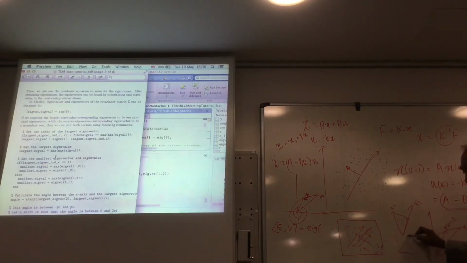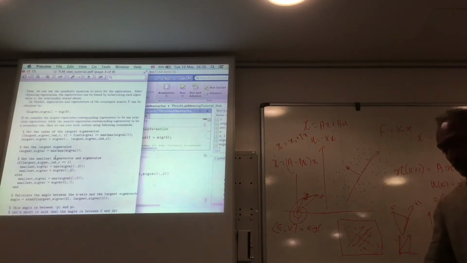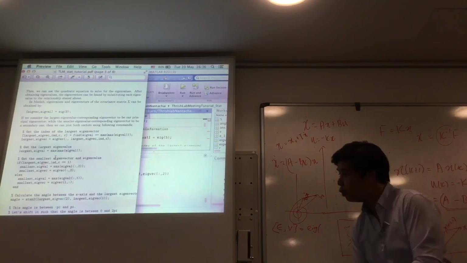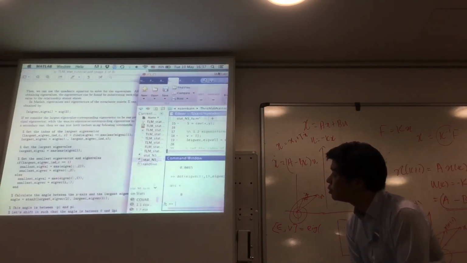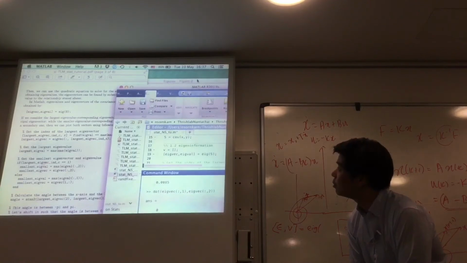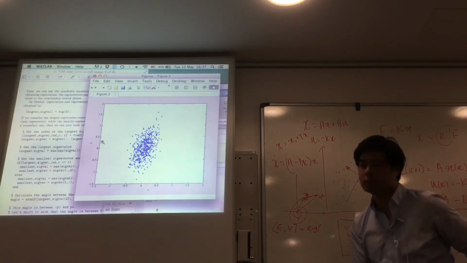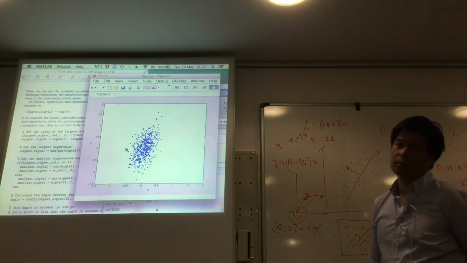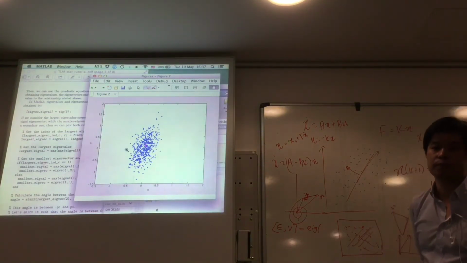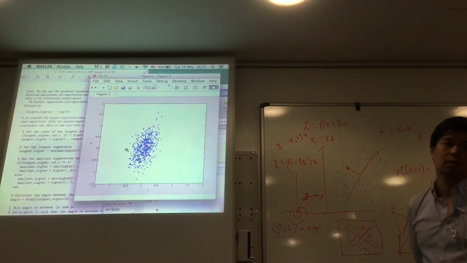So if they are orthogonal, the projection is 0, right? Shadow is 0. That's what we mean by that. See, this little thing has a lot of fundamentals that we use throughout control systems, and a lot of people don't understand this.